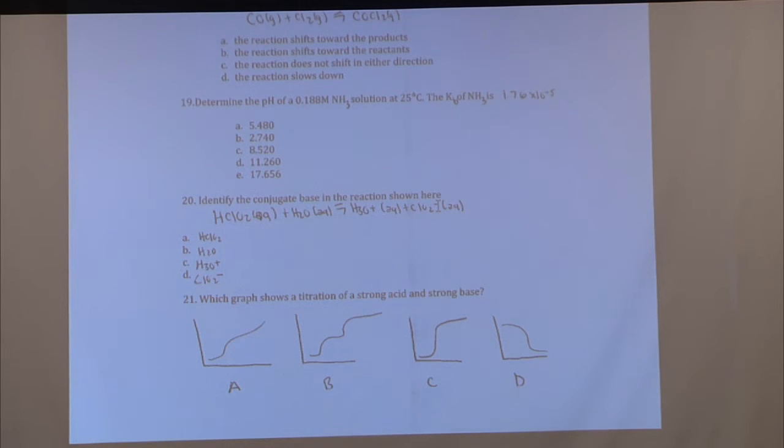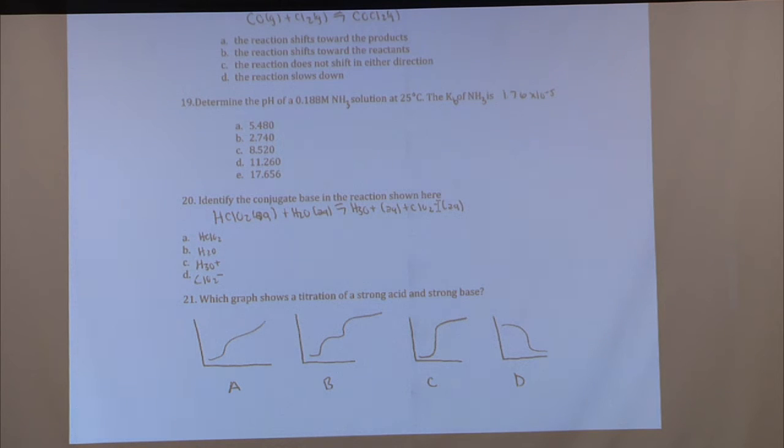So this is actually going to be a diprotic acid. That's what the graph would look like. But it's not so much going to be a strong acid and strong base titration. But if you look at answer choice C, that's a really strong and sharp S. So C would be the answer for a strong acid and strong base.